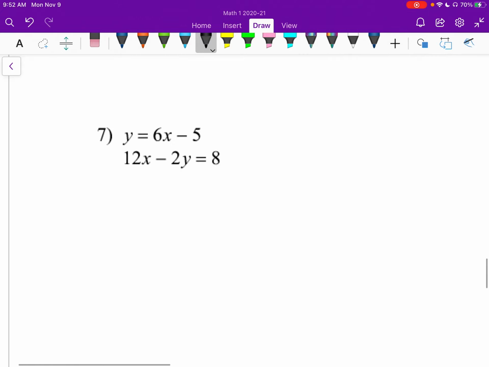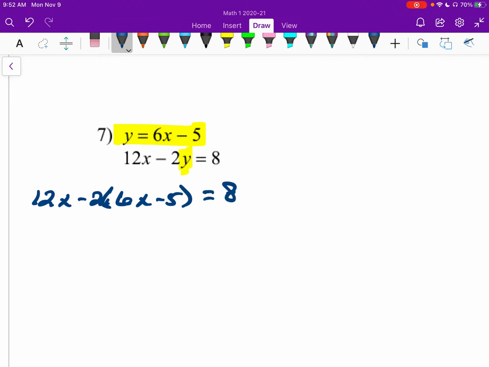Number 7, we have our y solved in the top. I'm going to plug them in the bottom. So 12x minus 2 times 6x minus 5 equals 8. So 12x minus 12x, plus 10 equals 8.